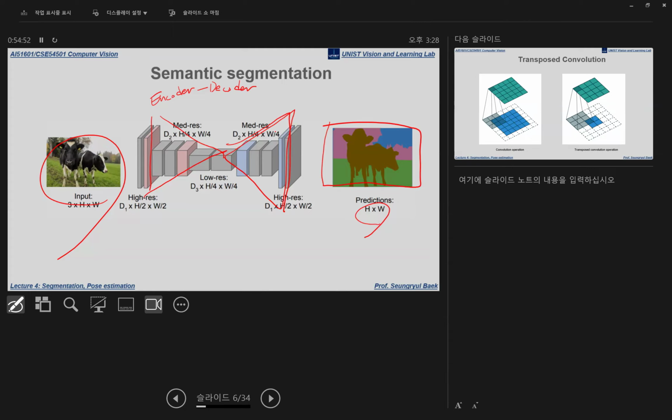And if we are given multiple X and Y pairs, we can train the entire deep architecture using these pairs, and that will achieve this semantic segmentation task. That was what the computer vision researchers were thinking of.